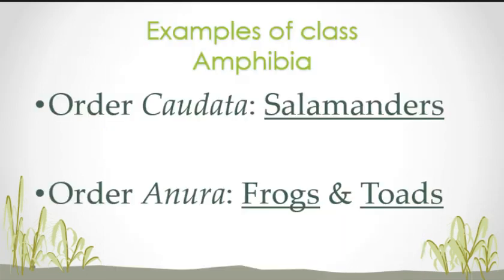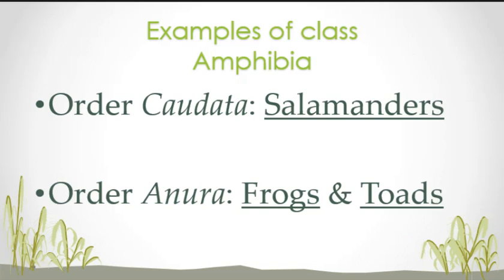So the examples of class amphibia, we have 2 orders we'll be learning about today. Order Caudata are the salamanders, and order Anura are the frogs and toads. There's 3 sections here, so 3 blanks to write in, 1, 2, 3.